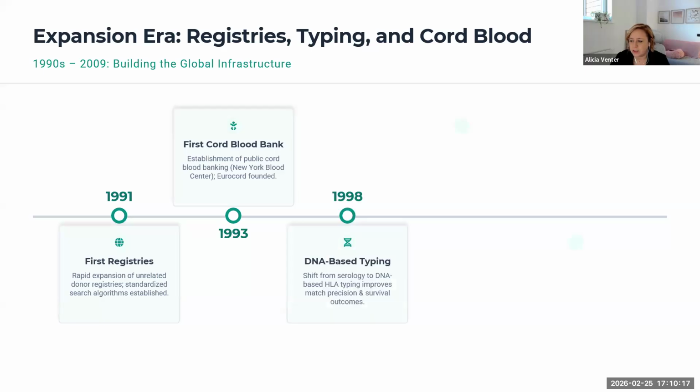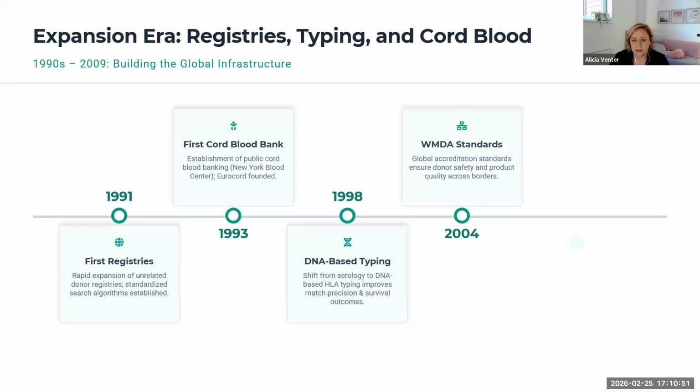A few years after that, typing evolved from just serology to also being DNA-based. That definitely showed that some of the transplants that up until that point were considered matched were in fact mismatched. It did explain a little better why some patients saw better outcomes than others. So it opened up that curtain a little bit for more discovery in that field.